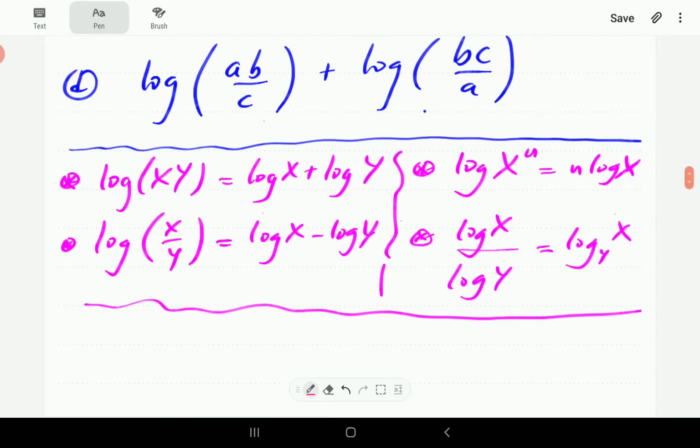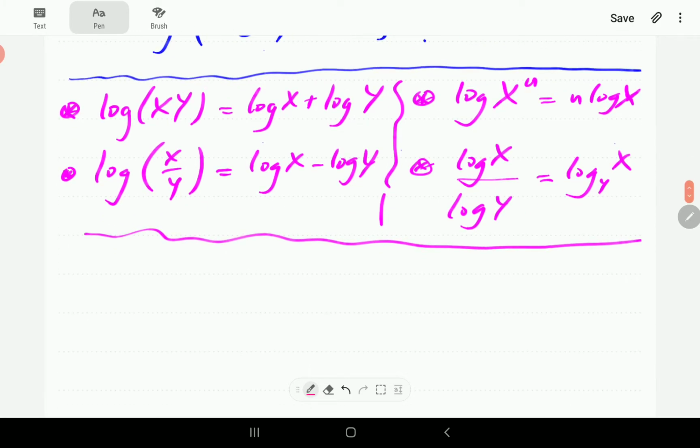But anyway, we have just summarized the four main ones here that we're going to use.